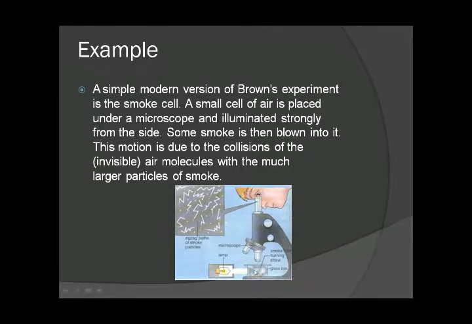So the smoke is inside with the air particles, and we can see the zigzag paths of the smoke particles constantly bumping into the particles of air. This proves the kinetic theory of particles, in which particles are in constant movement, whether solid, liquid, or gas. Brownian motion is a simple but very explanatory experiment to see the movements of particles.